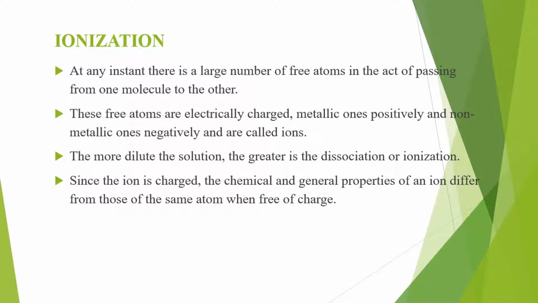These free atoms are electrically charged. The metallic ones are positively charged and the non-metallic ones are negatively charged and they are called ions. If the solution is more dilute, then greater is the dissociation or ionization. Since the ion is charged, the chemical and general properties of it differ from those of the same atom when it is free of charge.